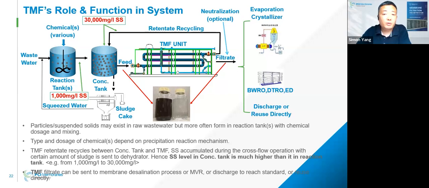The reacted water contains suspended solids. It will overflow or be pumped into the TMF concentration tank right here. The TMF circulation pump then transfers the liquid into TMF for filtration.